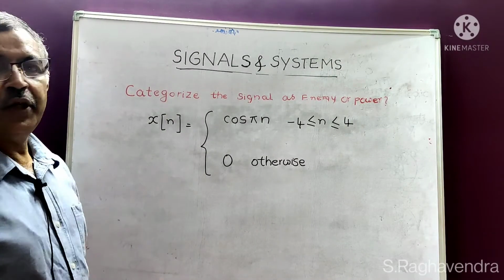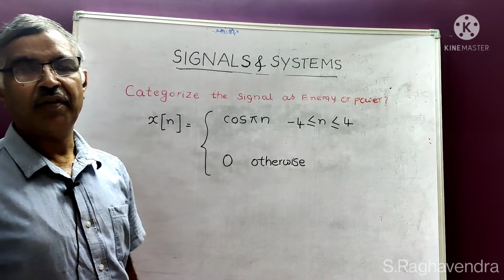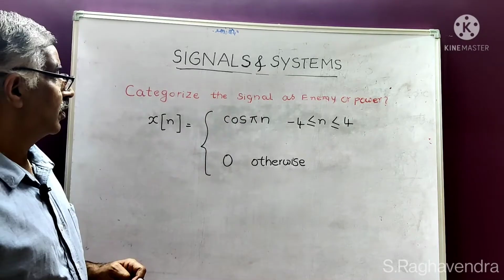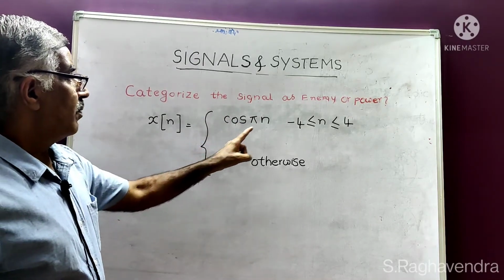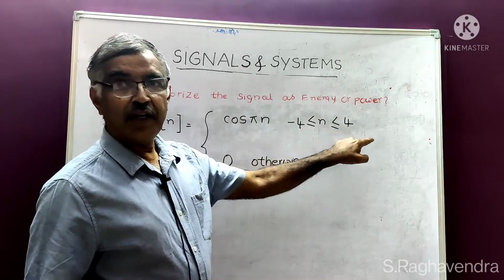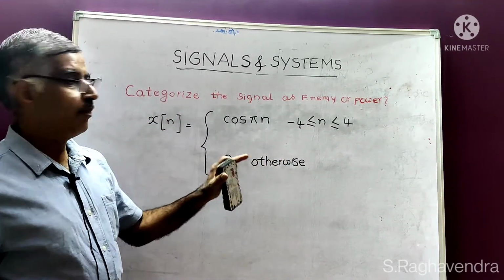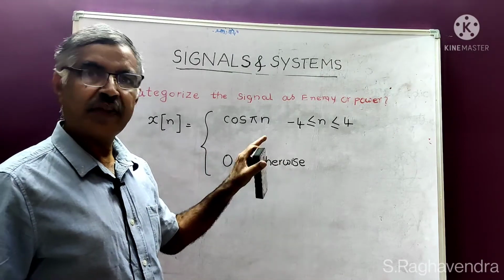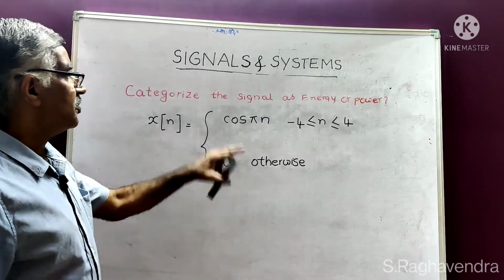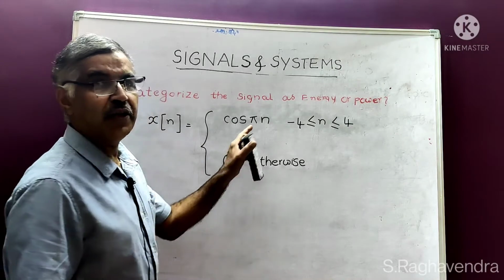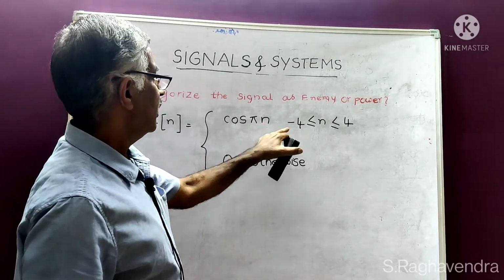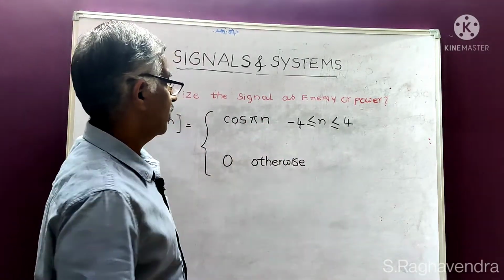Before going into summation, first sketch the function by giving values to n in the range -4 to 4.